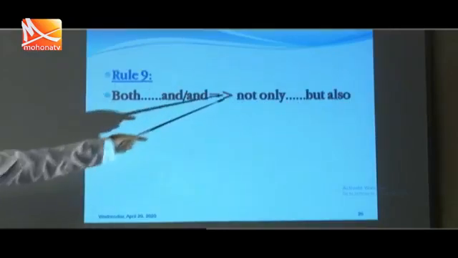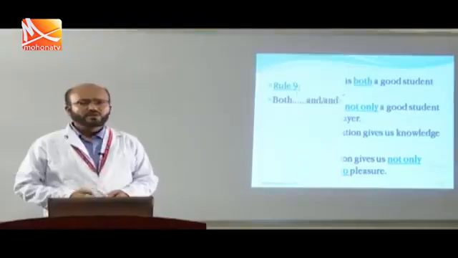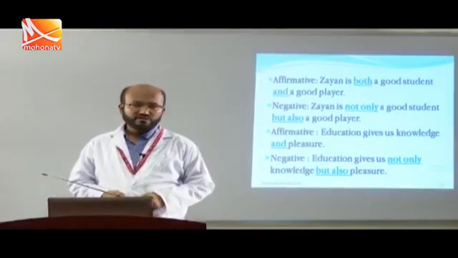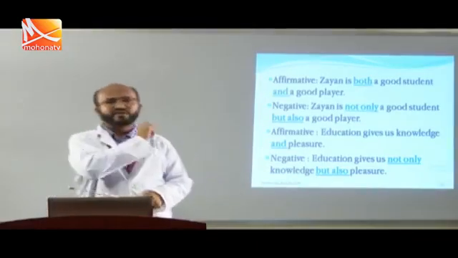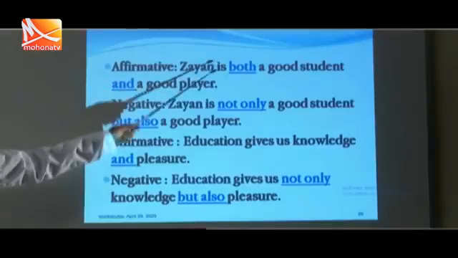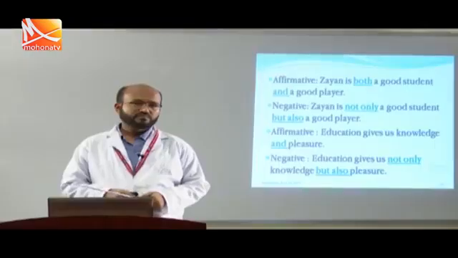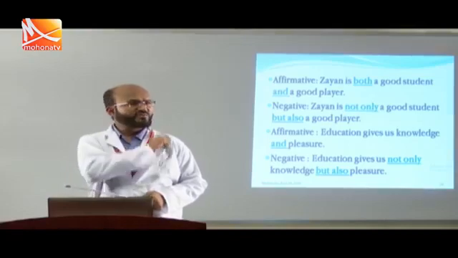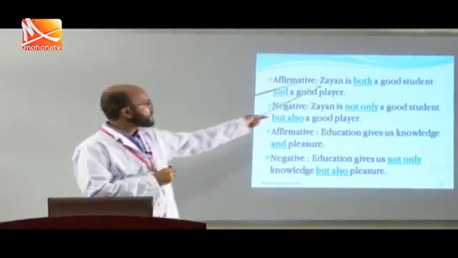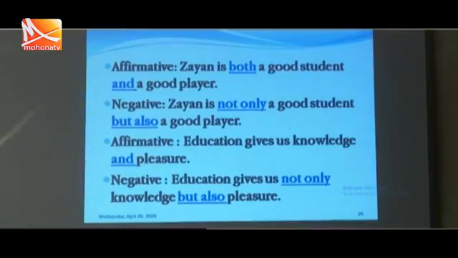Both and, not only, but also. So just write down here, replacing. You just replace here both with not only, and with but also. And of course you must know the meaning. So what happens to the meaning? You see here both and, not only and then but also.